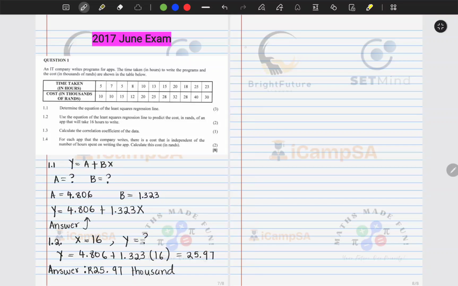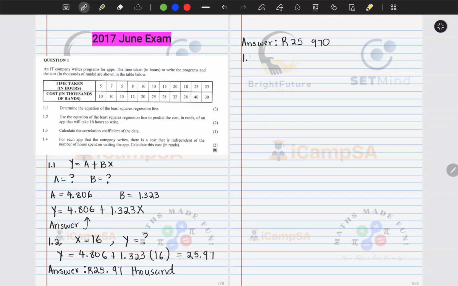We can write our answer slightly differently, because instead of 25.97 thousand, we can just write it as 25,970 rands. Okay, so we're done with this.